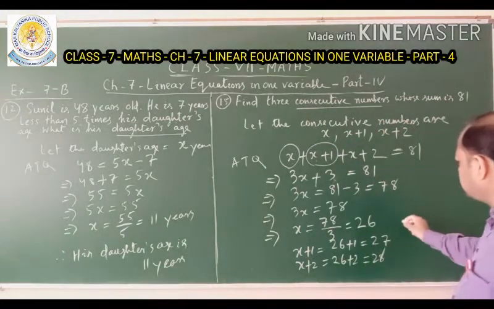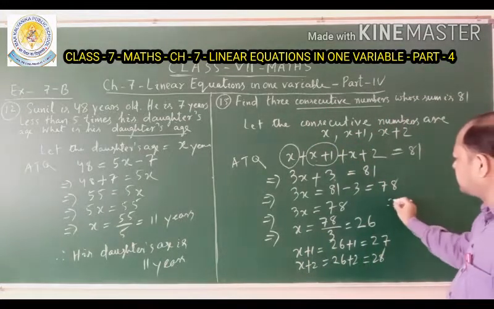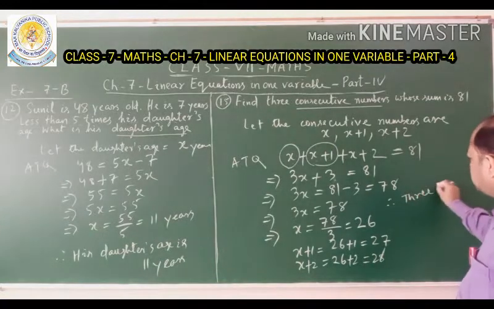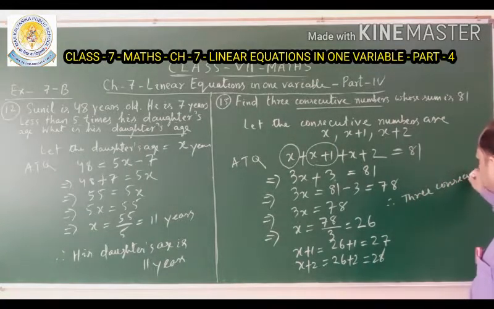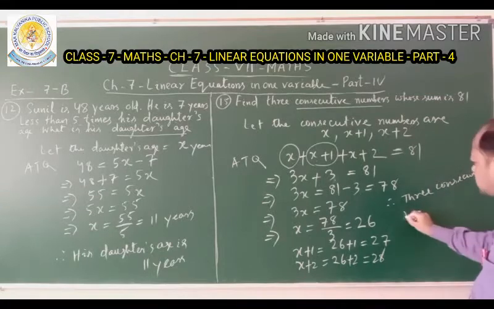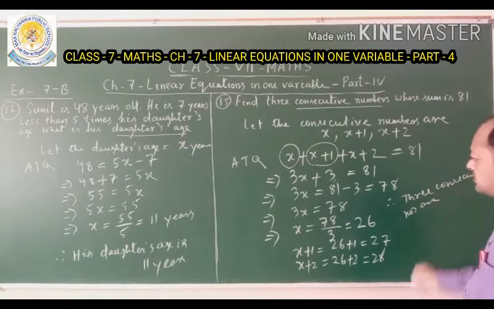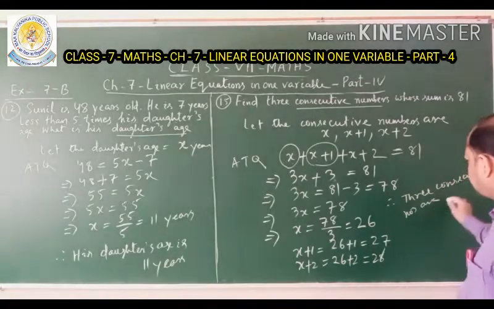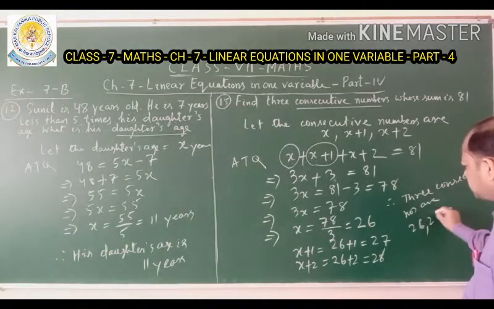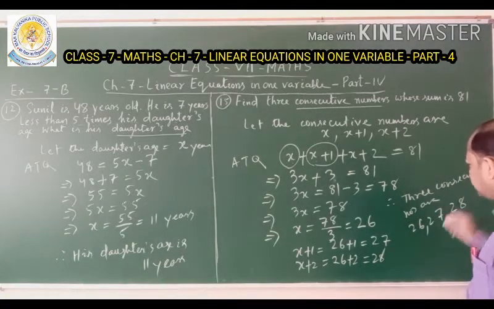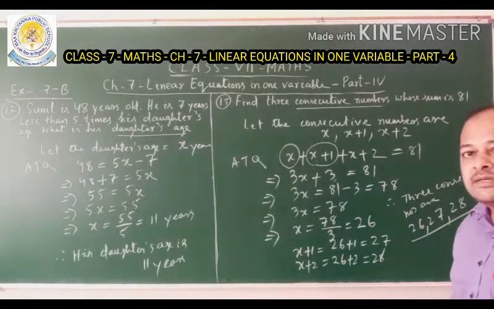Write down therefore. So what to write? Therefore the three consecutive numbers, starting from 26, are 26, 27 and 28. These are the three consecutive numbers.